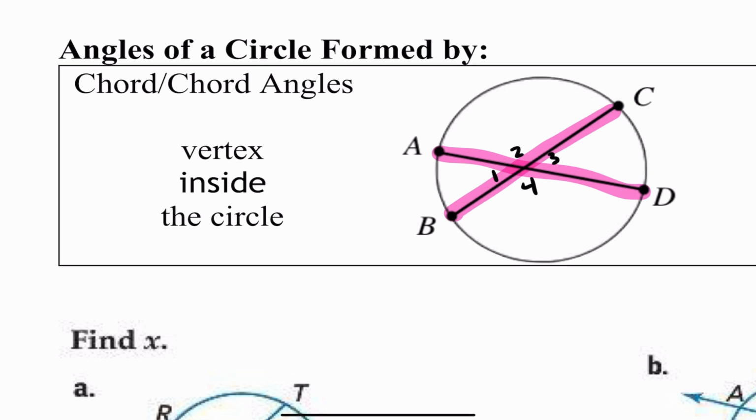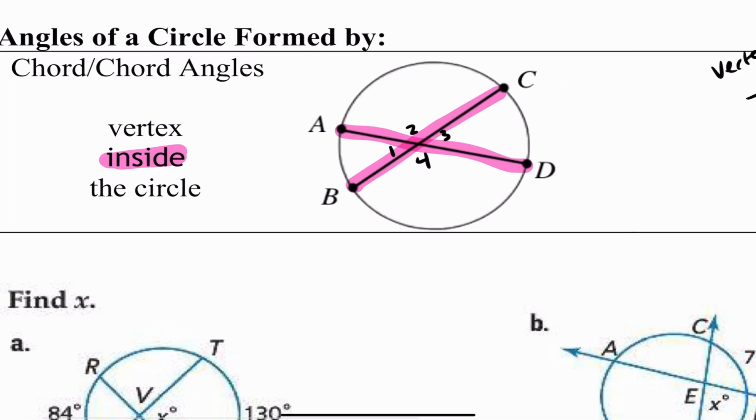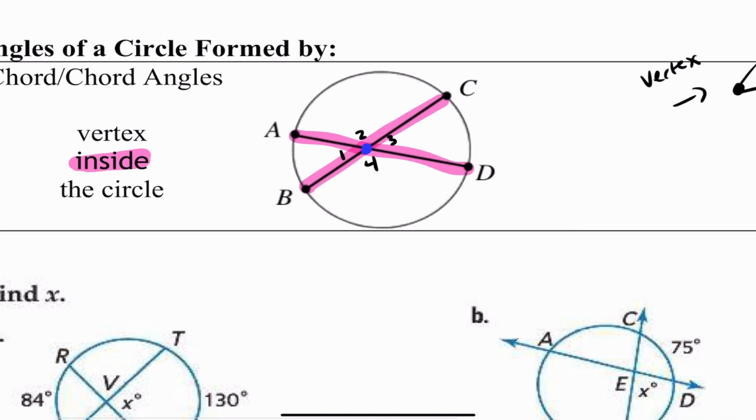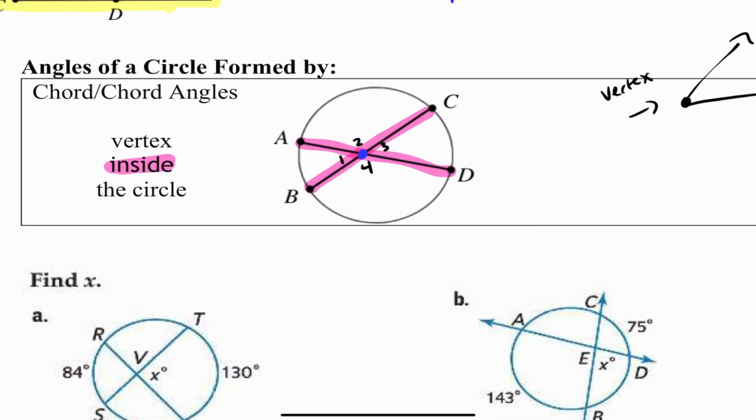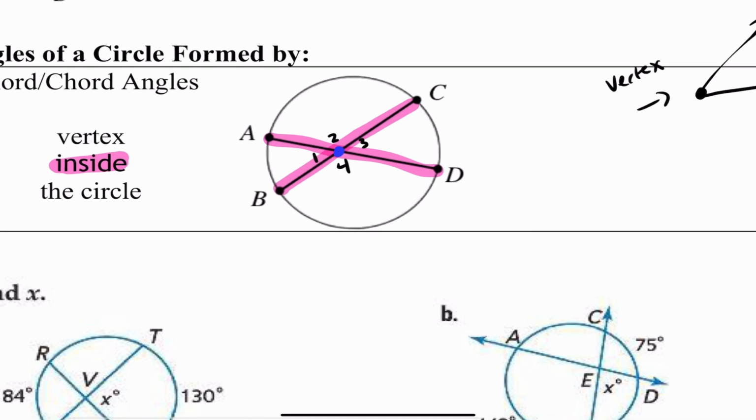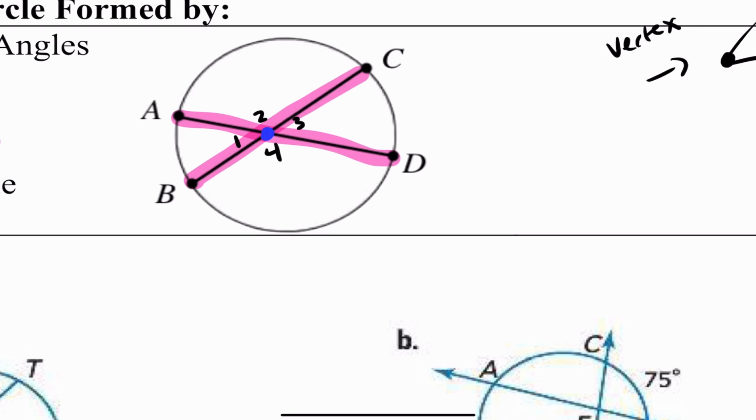We have the vertex inside the circle. So here's my circle, and the vertex is inside of the circle. Now, if the vertex is inside of the circle, we have a formula to figure out certain things here, okay? So, let's say I want to find angle 1.